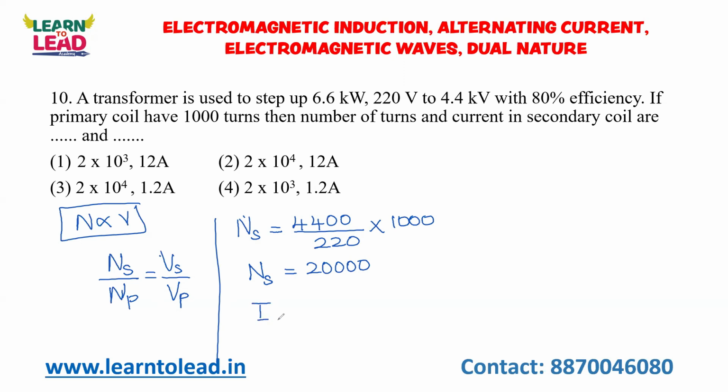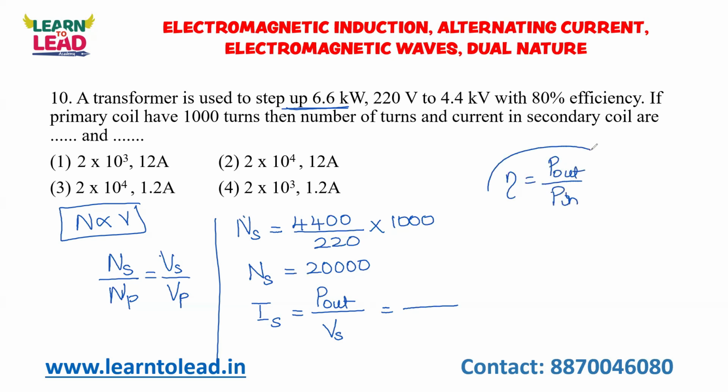Okay, now what is the current in the secondary? Current in the secondary is power output divided by voltage in the secondary. Power is equal to VI, I use the same formula. So power output in the secondary. It is said a transformer is used to step up 6.6 kilowatts, right? And what is the relationship between power output and input?